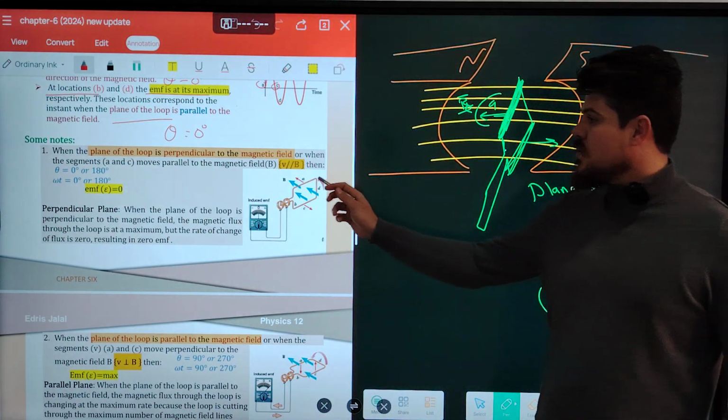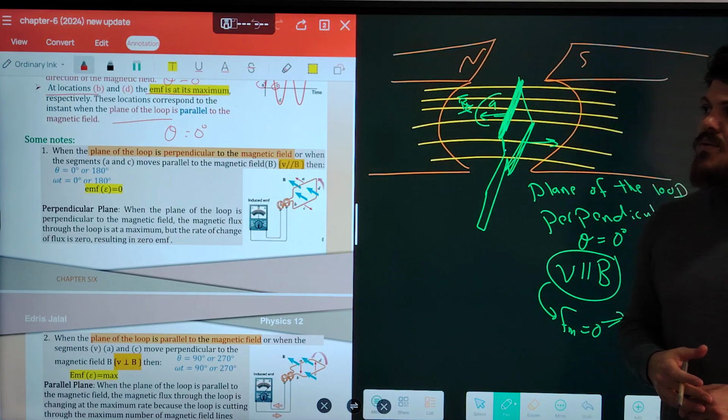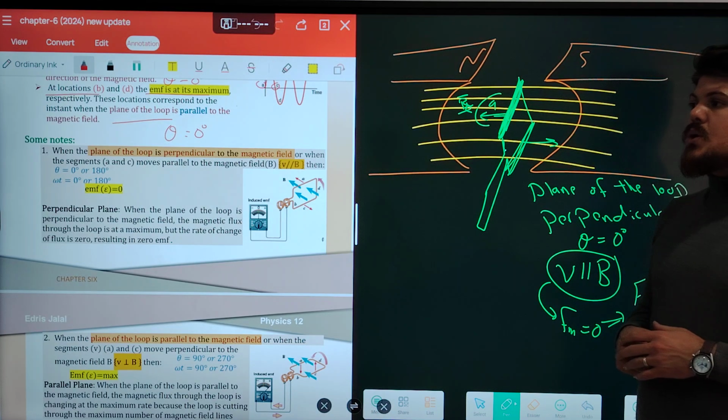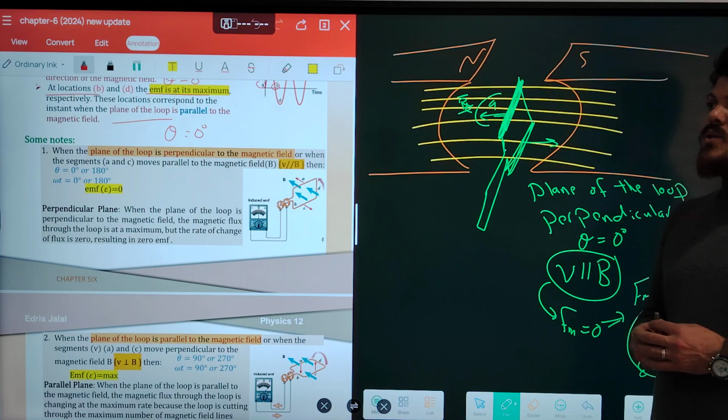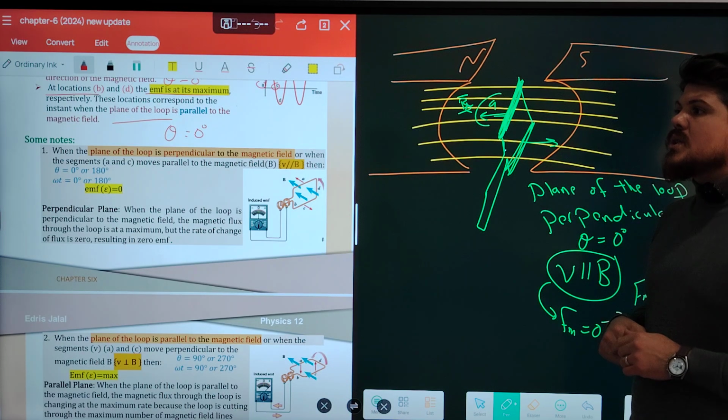The wire here is moving parallel to the direction of the magnetic field, and the magnetic force becomes 0 because when V and B are parallel, the angle between them is 0, and sine 0 is 0.